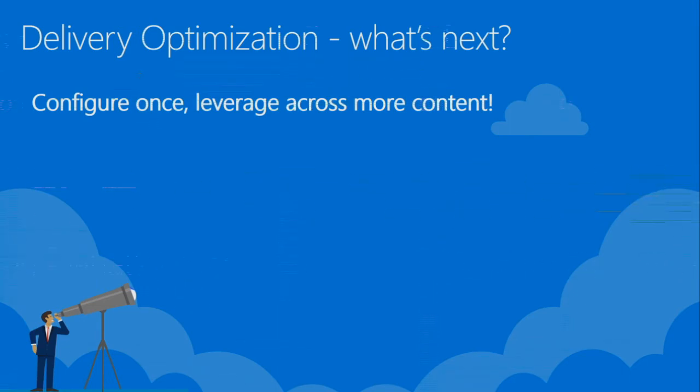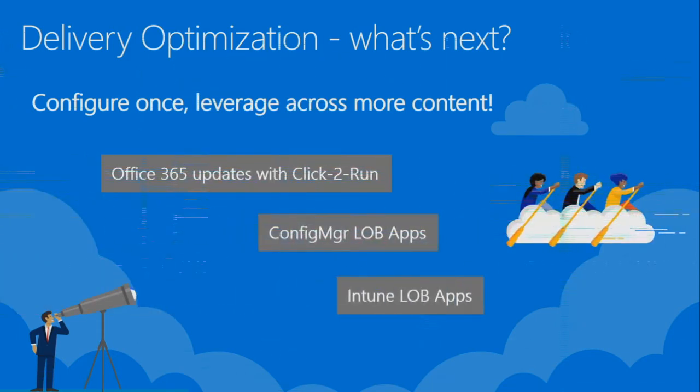So we're working to expand delivery optimization to include Office 365 click-to-run updates, as well as Config Manager line of business apps that you manage through Config Manager, as well as Intune line of business apps. We hope that makes it a little bit easier for you if you spent the time setting things up and you leverage this for all your content, or your big content eventually.